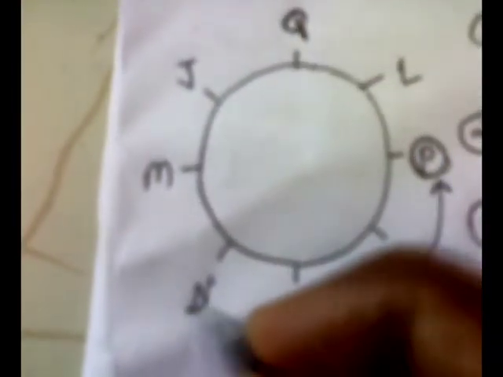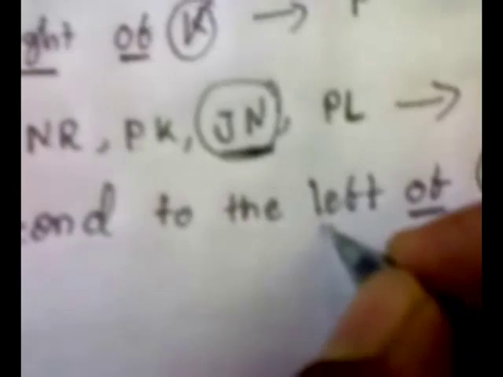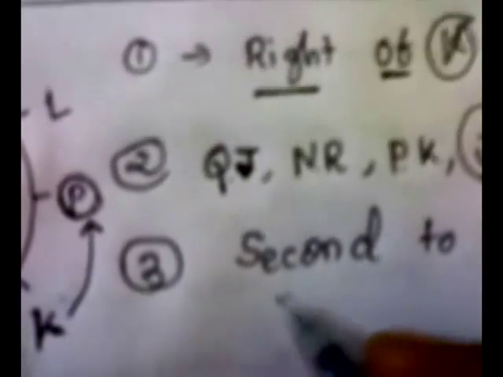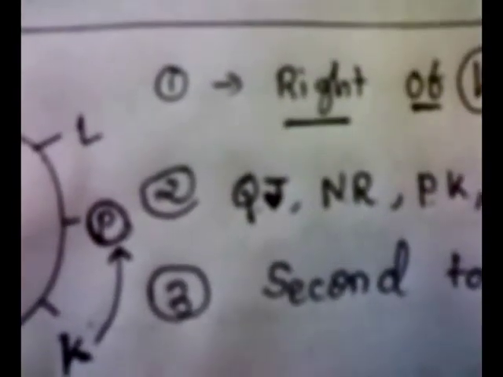N is here, and it says left of N. Now left means we have to move in clockwise direction from N, and it also says second to the left of N. So we will move in a clockwise direction from N, and we'll see who is at the second position.